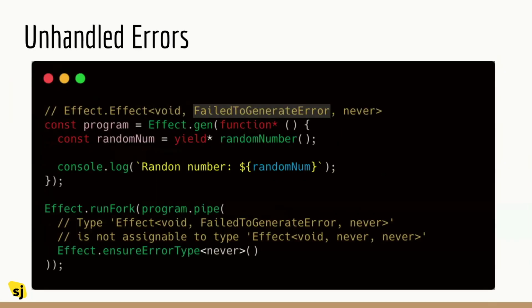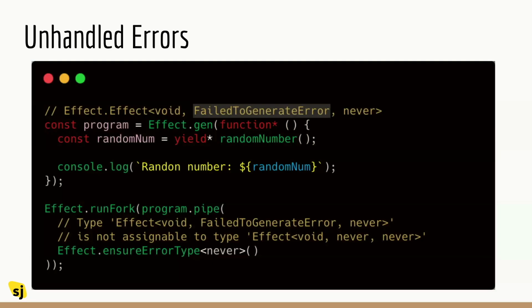And the way you handle it, the first thing is, now if I try to use that function, randomNumber, instead of doing an await, I do a yield. And now I have access to the value, similar to await, so not very different.